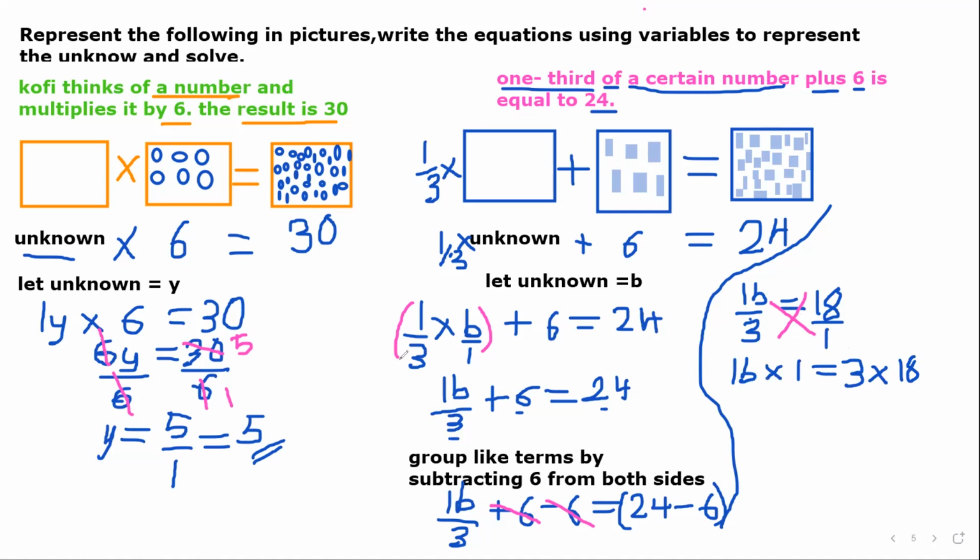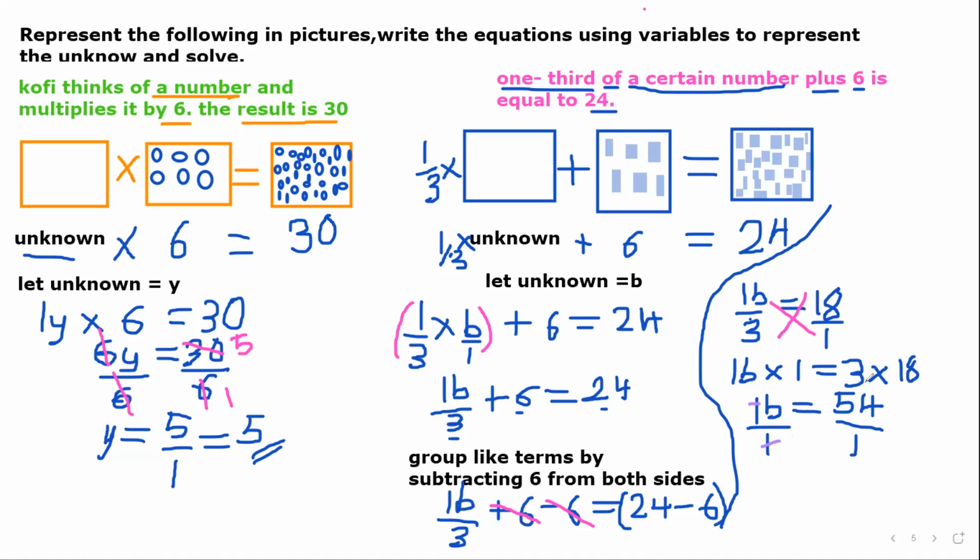Then you multiply 1b times 1. So here will be 1b. 1b times 1 is still 1b equal to 54. When you multiply 3 by 18, you get 54. Okay. To find the 1b, divide both sides by 1 here. This one will take care of this one.